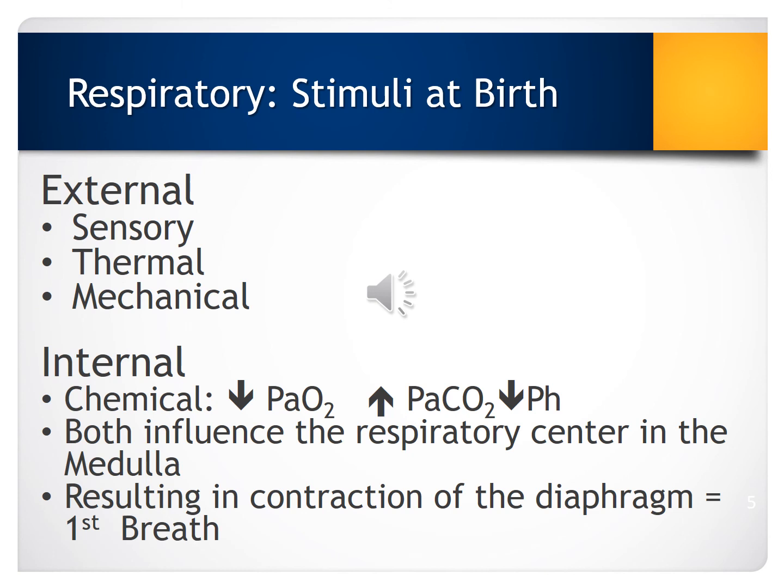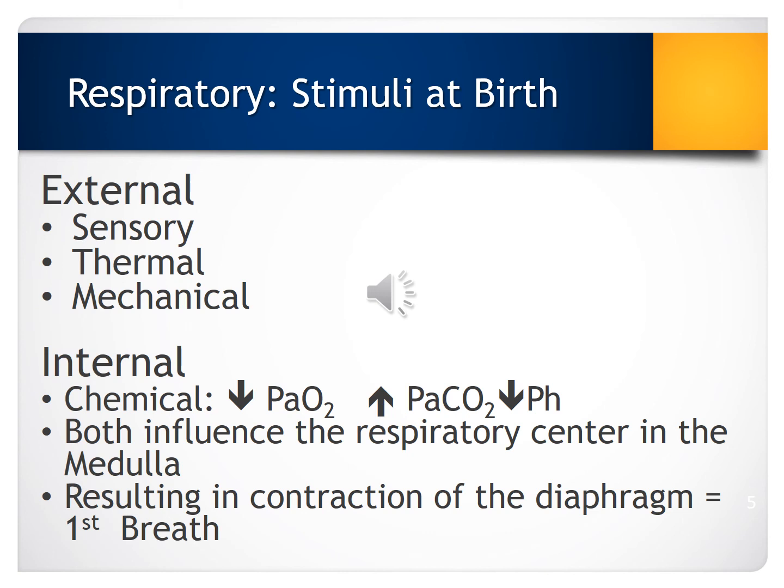Thermal stimuli, changes in temperature. In utero, the temperature is warm and comfortable. The outside environment, depending on the temperature, will have an effect on respiration of that first breath.